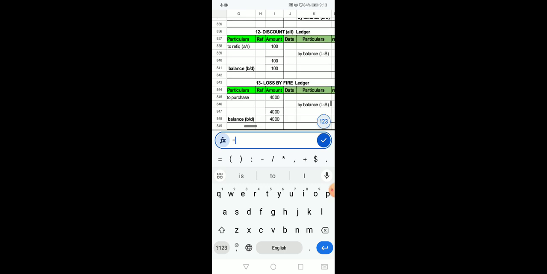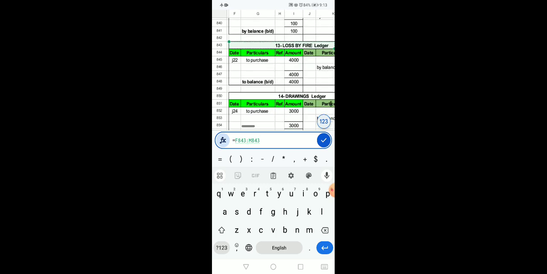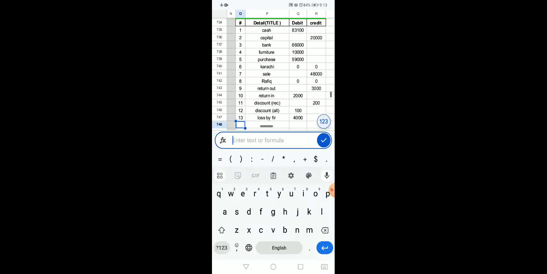This is your 13th ledger, and now see where balance brought down is present. Here on the debit side the balance is 4000, so you will go to the debit side of the trial balance and write 4000. Here you can see you have chosen the debit side and have written 4000 in front of loss by fire. The 13th ledger is completed.